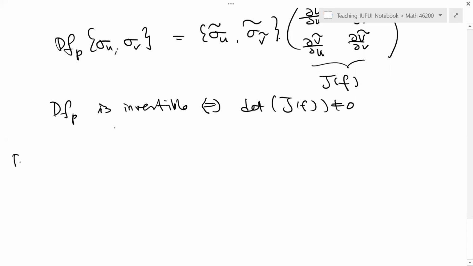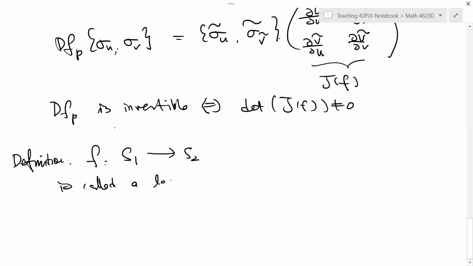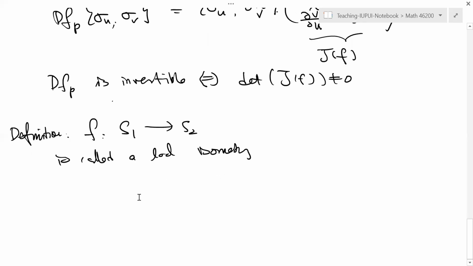By definition, F from S1 to S2 is called a local isometry. I'm trying to define it slightly differently from the book. I use the equivalent condition in the theorem as a definition. I think it's much easier to do.